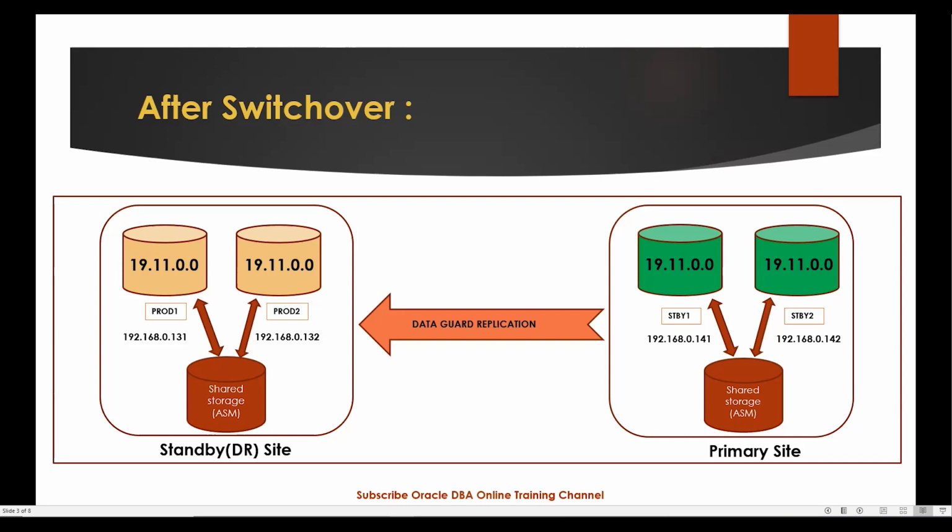Basically this is a high availability situation. If my primary site is down due to some issue, we can switch to the secondary site. This is the logic behind doing the switchover and switchback.